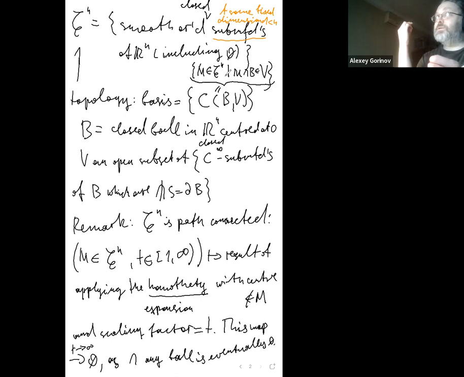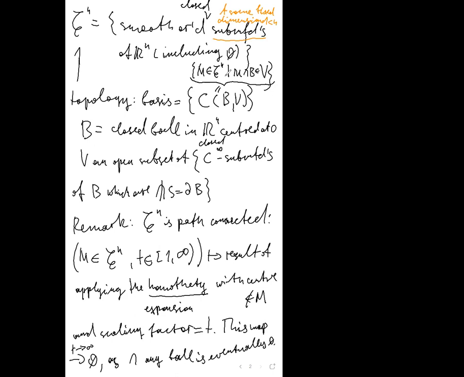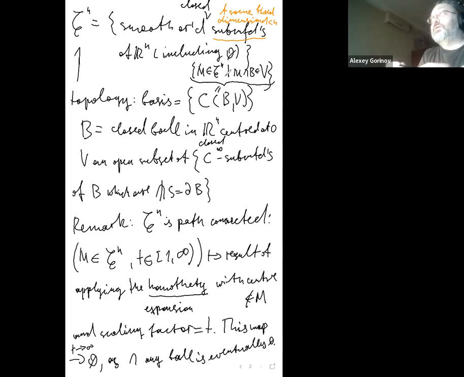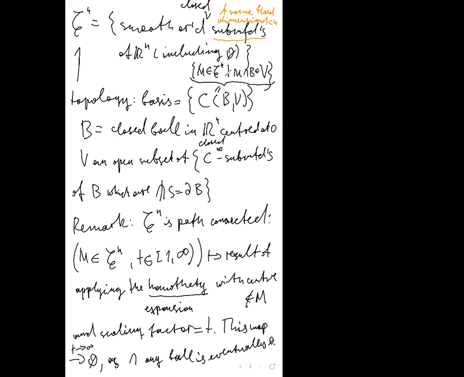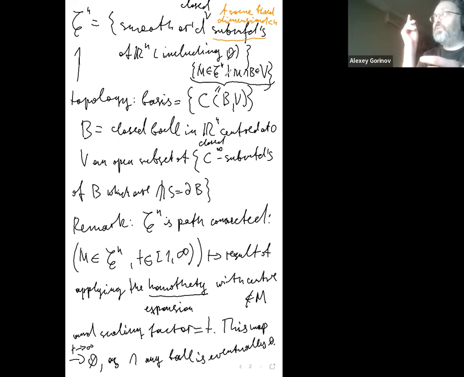Does it make sense? One question: how do we topologize the set of all C infinity submanifolds? Well, let's think. How would you topologize the set of all C infinity submanifolds? Well, I have a guess here. We can use the Whitney topology, but I'm not sure if that's what you mean. Well, there are several equivalent ways, but which one is the most straightforward?